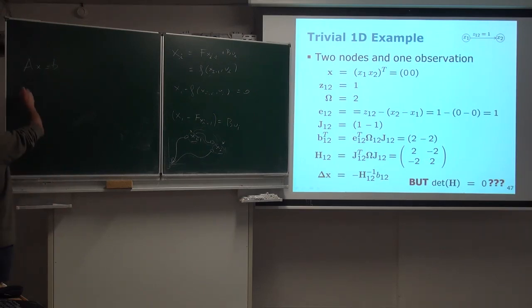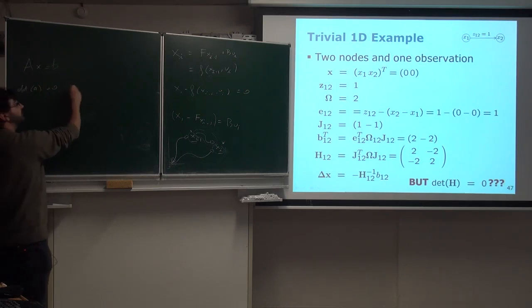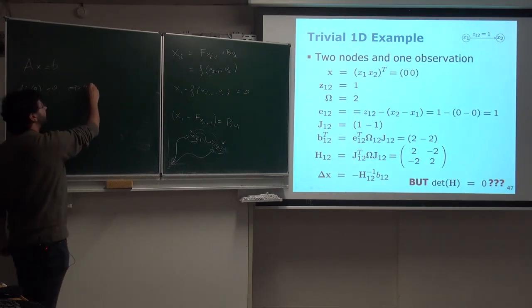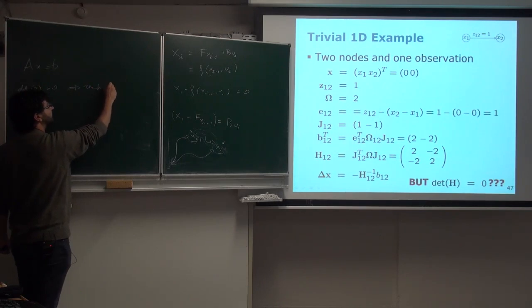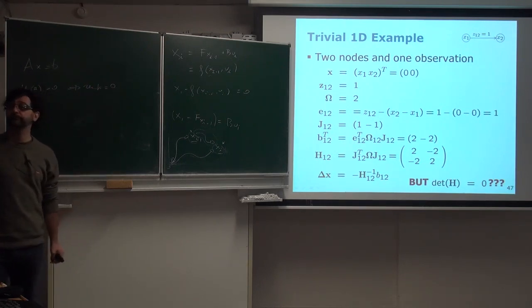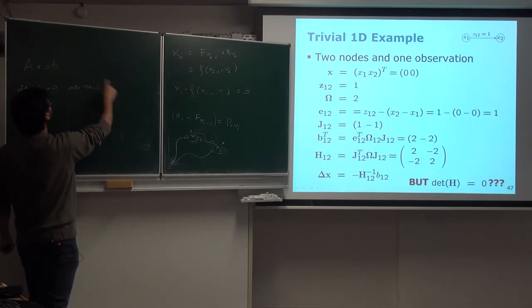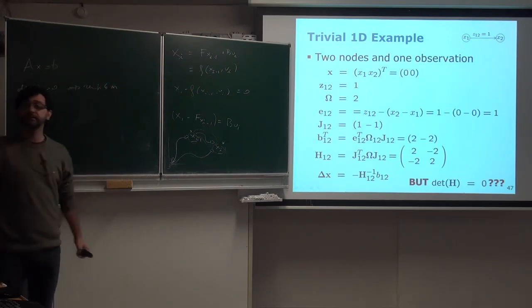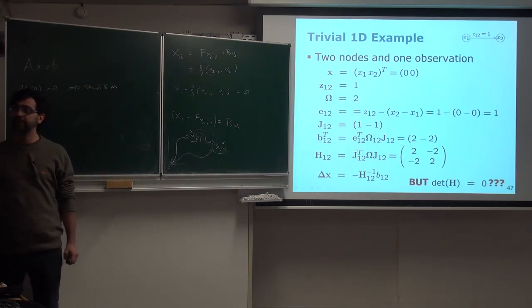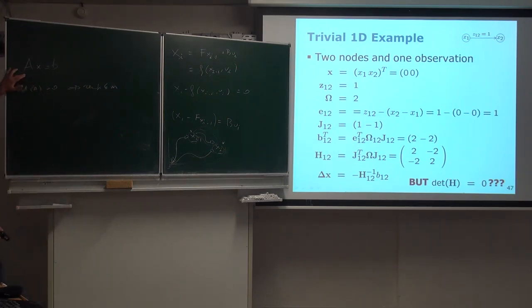When the determinant of A is equal to 0, this implies that the rank is not full: it's less than or equal to n, where n is the dimension of the matrix. Basically it means that we have fewer equations than unknowns. So that's the meaning of having a determinant equal to 0.